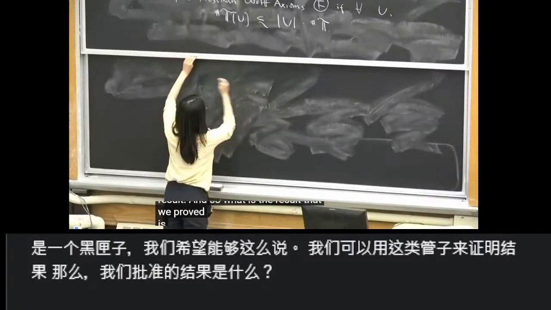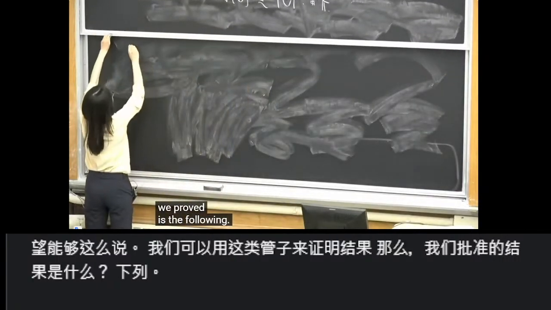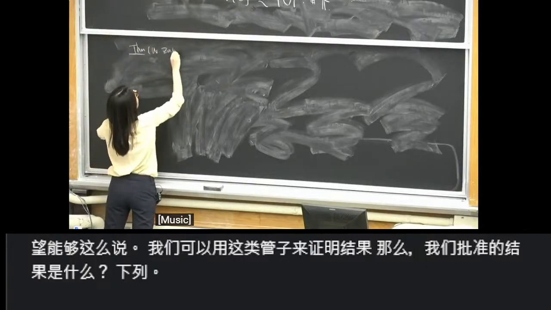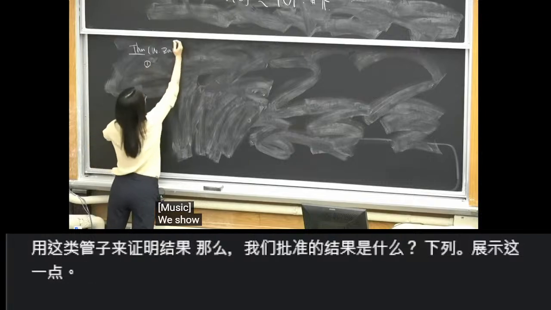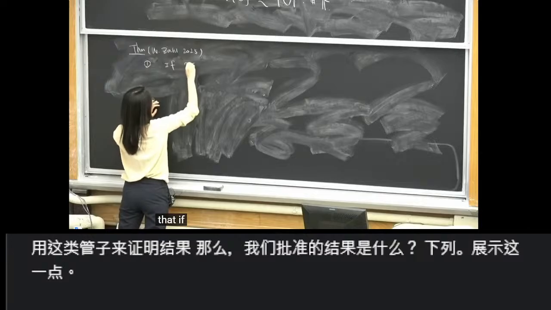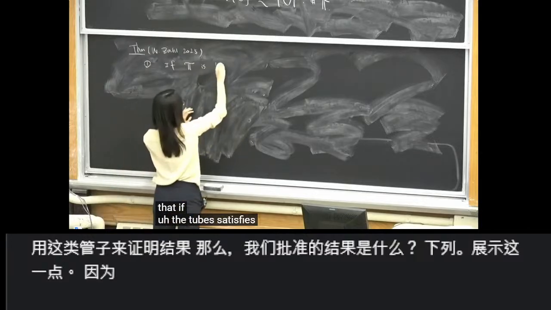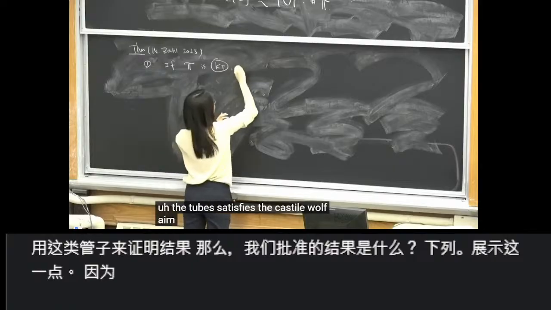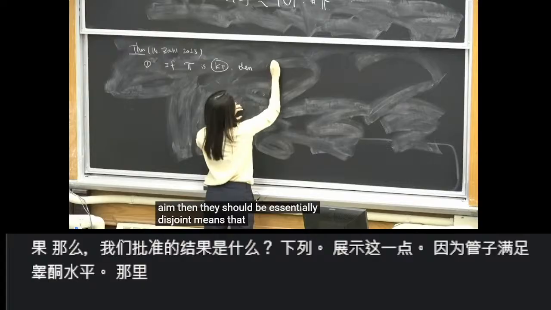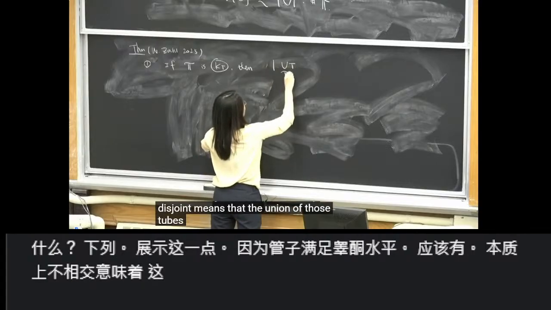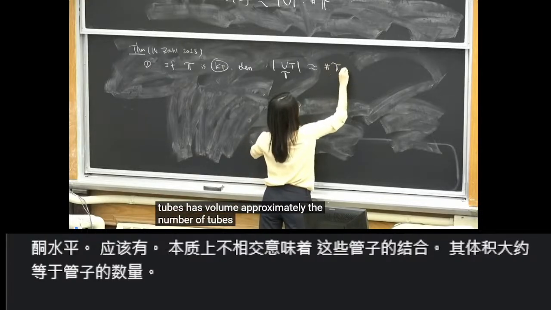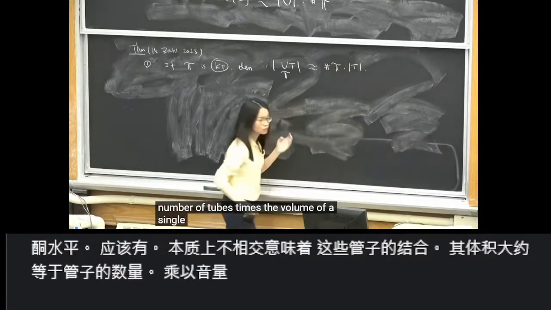Is the following. We show that if the tubes satisfy the Kakeya-Wolff axiom, then they should be essentially disjoint. This means that the union of those tubes has volume approximately the number of tubes times the volume of a single tube.